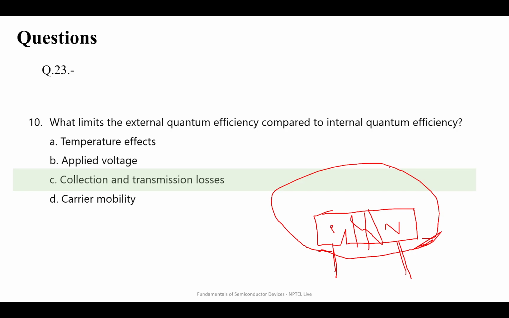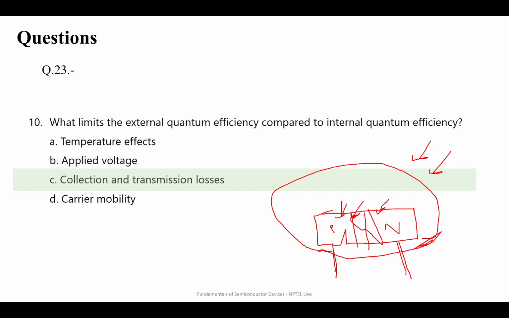Yes, sir. So when you shine light on this, before it reaches this region, it has to go through this region, right? So there will be loss when it travels through this region. And then here also it will reflect.